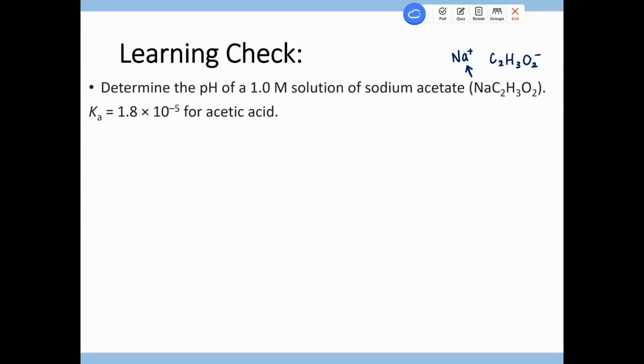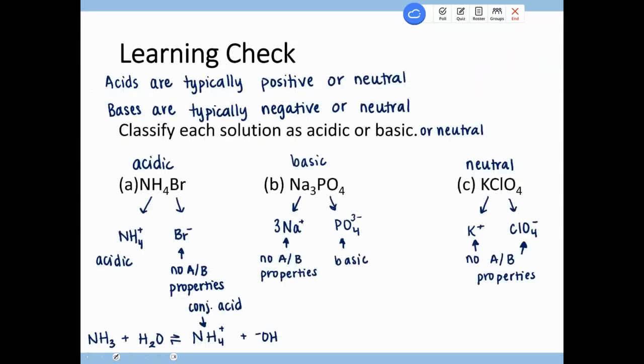So sodium, no acid-base properties, we can ignore sodium. What we need to focus on is the acetate part, so that anion. One thing to consider is that bases are typically negative or neutral. That is a negative ion, so that is likely a base.